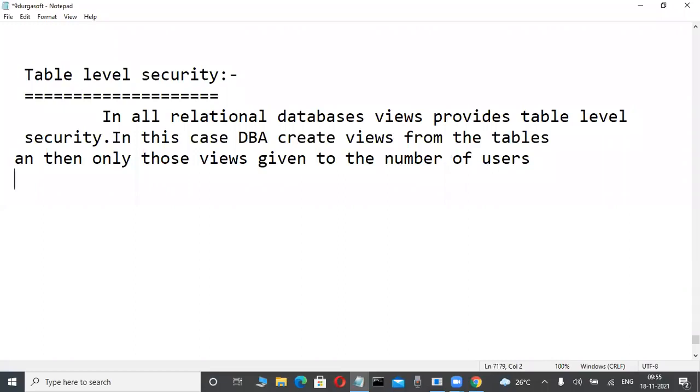by using the following syntax. Every database has the same syntax.